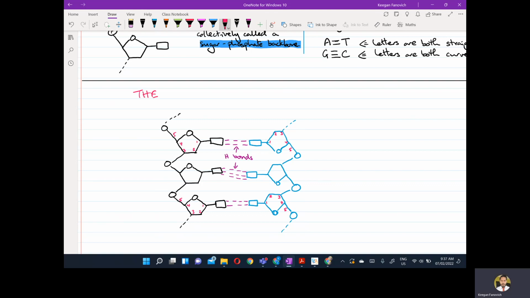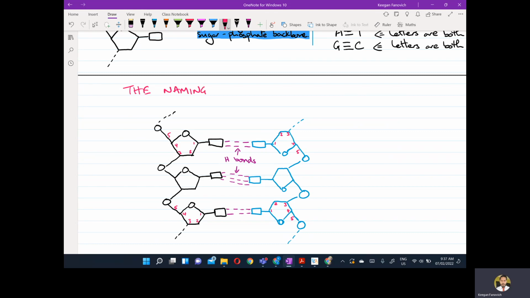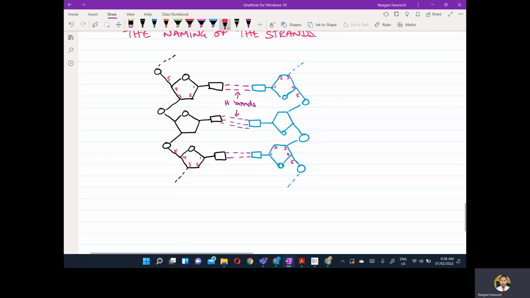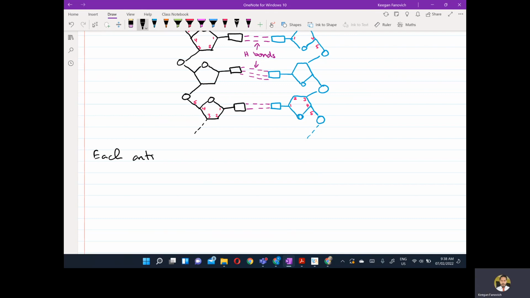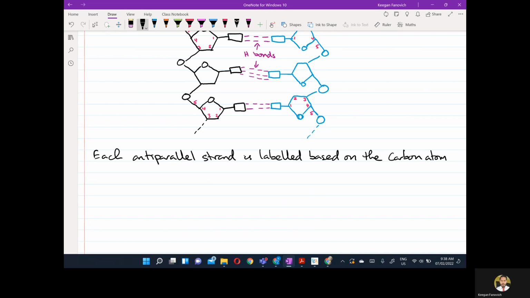Naming of the strands. Each antiparallel strand is labeled based on the carbon atom closest to its ends.